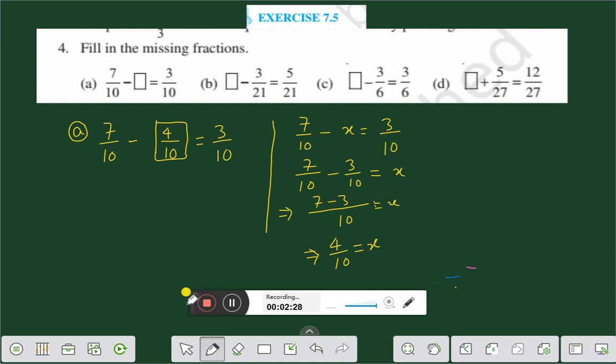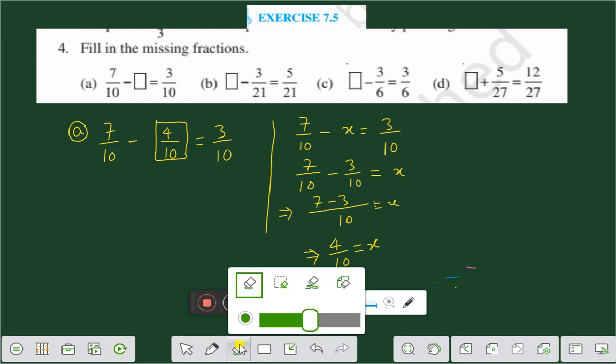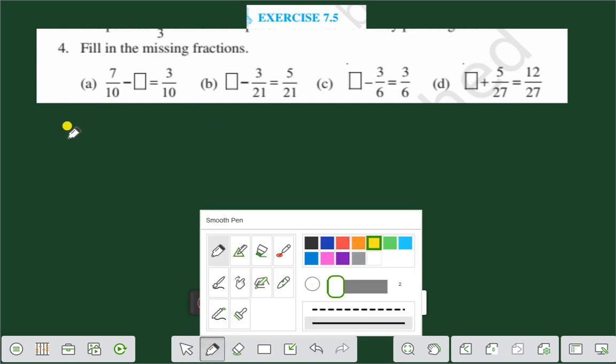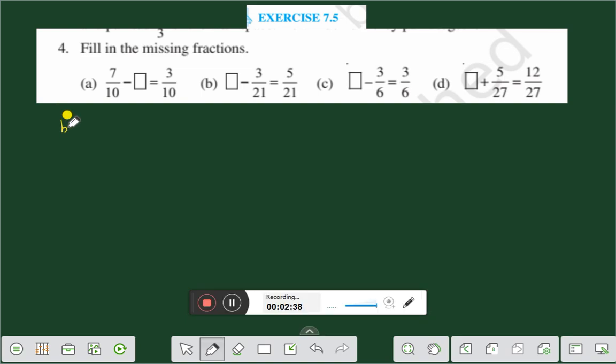Now, question number B. Question number B is dash minus 3 by 21 is equal to 5 by 21.